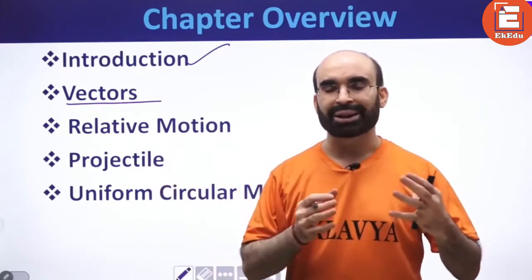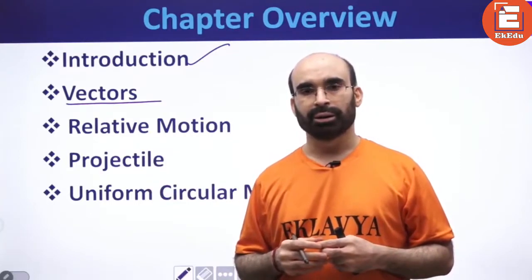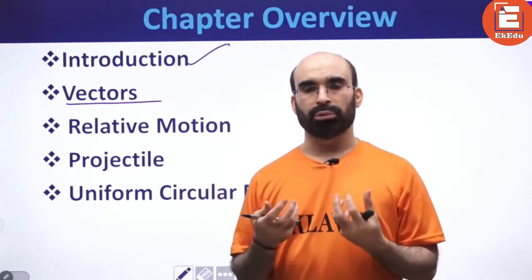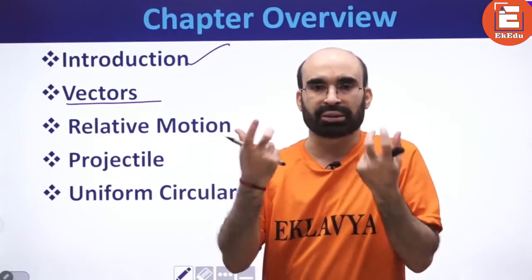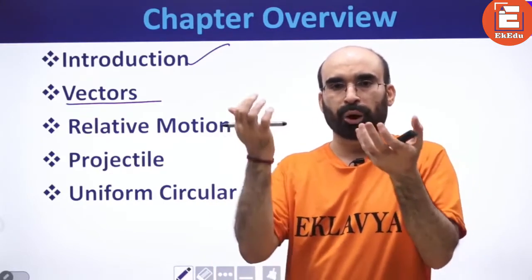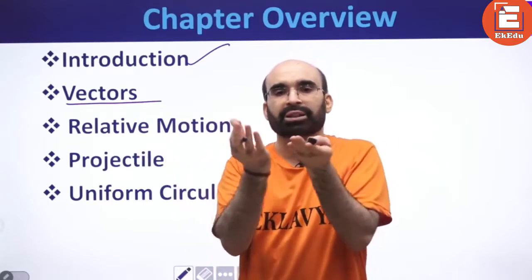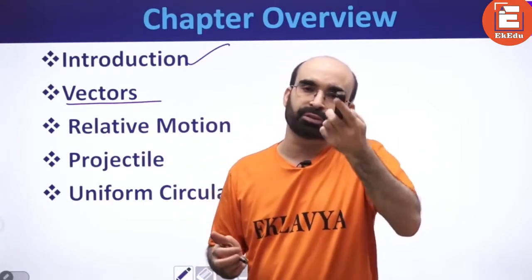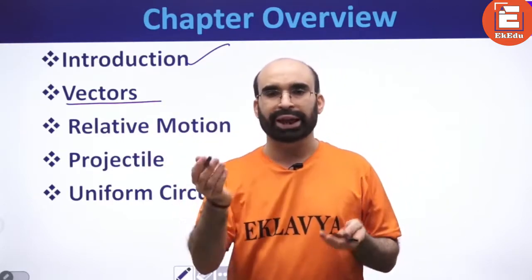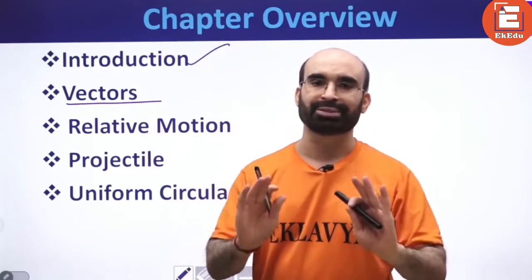Vectors cannot be added the way we add two masses, like the masses of two bodies. Suppose the mass of this body and the mass of this body, we add them together. If this is 2 kg, this is 3 kg, 2 plus 3 is always 5.